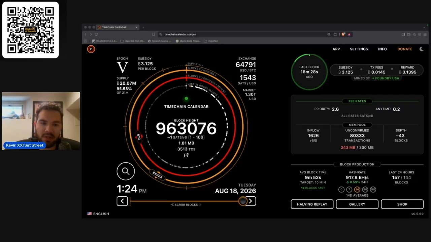Think of it like cents in a dollar, except there's 100 million of them instead of 100. So right now, if I were to spend one single US dollar, this is how much I'd be getting, which is 1,543 Satoshis. And yeah, that's the simplest way that I can put it.